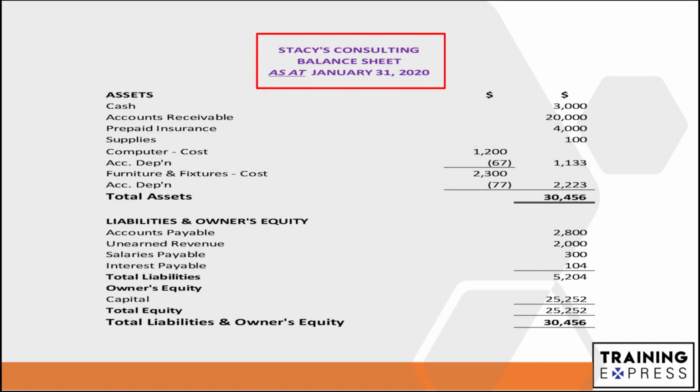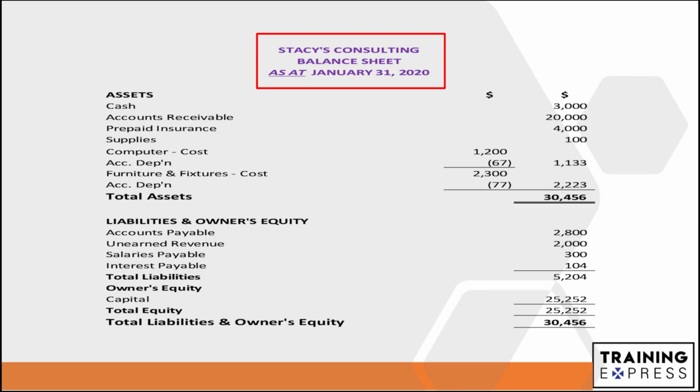First of all, business name, then the name of the financial statement, and in the third row we will put the accounting period, the time period for which we are preparing this financial statement. When it comes to balance sheet, remember that balance sheet consists of permanent items.